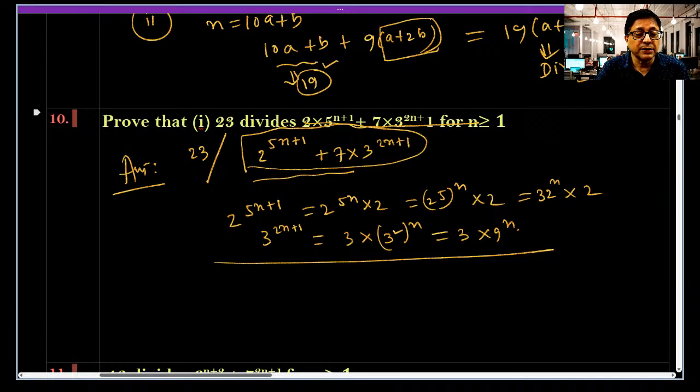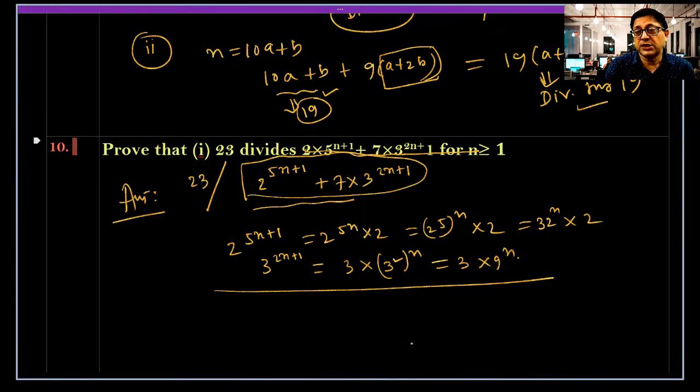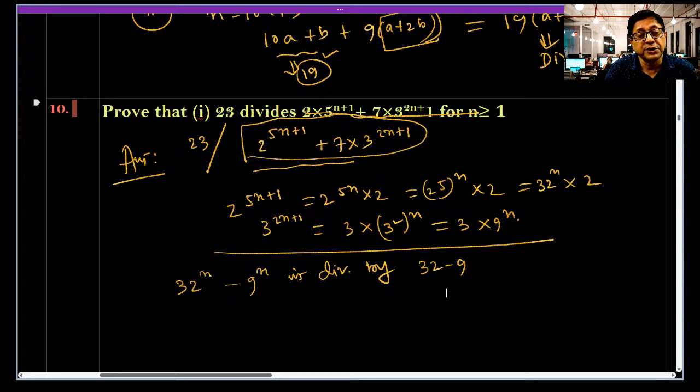Are you getting something, some information from there? Check. Are you getting something from there? This 32 to the power n minus 9 to the power n is always divisible by 32 minus 9, that is 23.